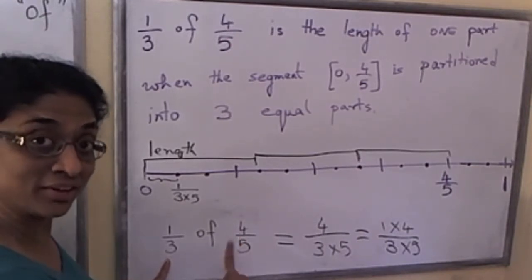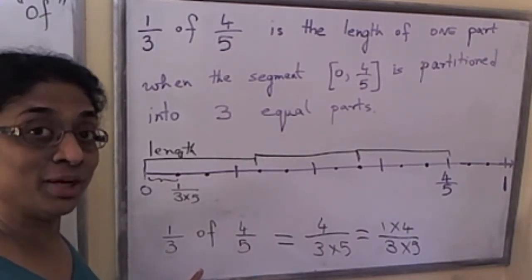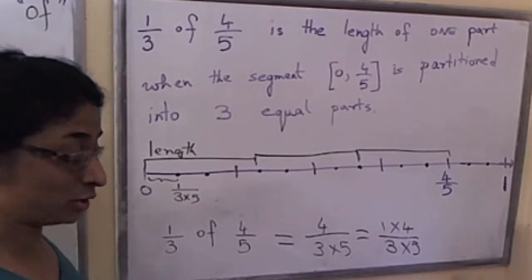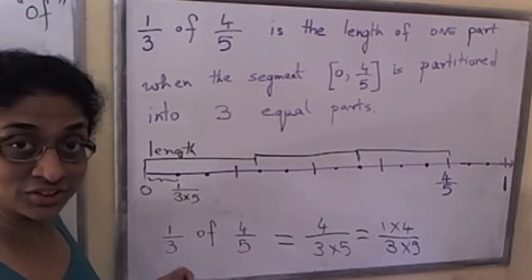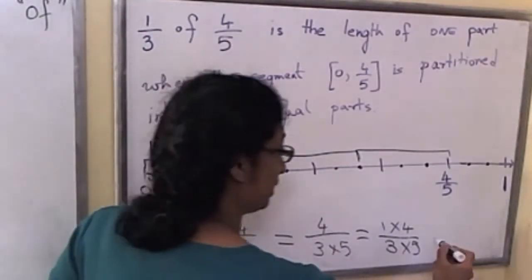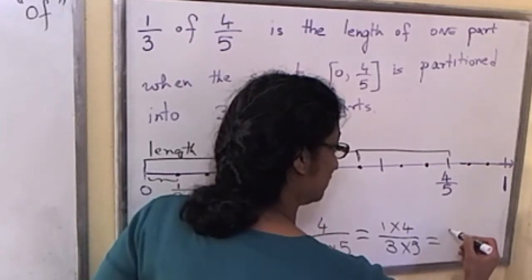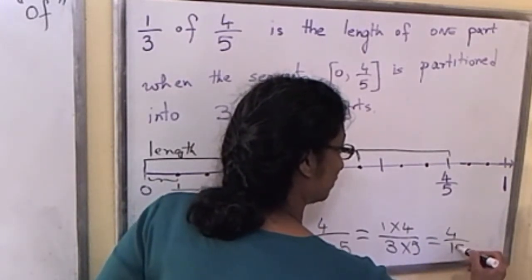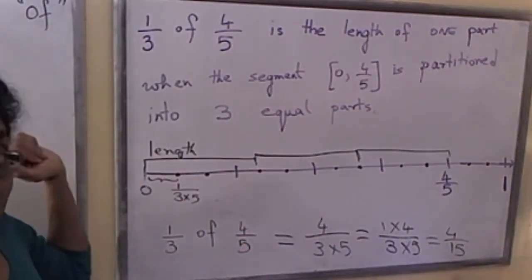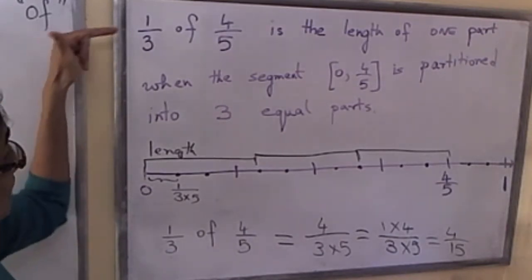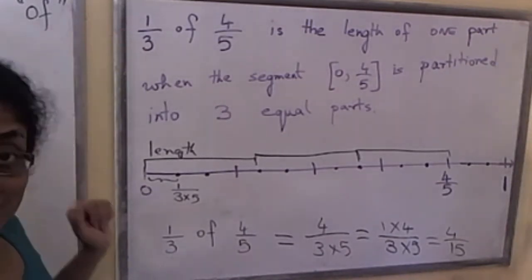So keep that pattern in mind, since I'm preparing you for the general formula of a fraction of a fraction. And now if you like, you can go ahead and simplify this as 4/15. So in the next video, we'll discuss 2/3 of 4/5 in great detail.